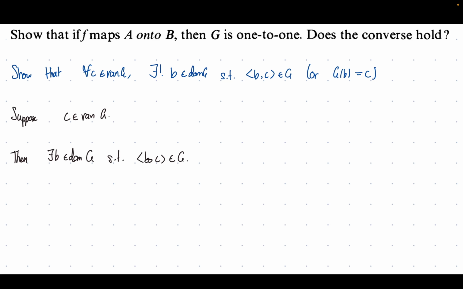And now to show that it is 1 to 1, suppose there exists b prime in the domain of g such that (b prime, c) is also in g.